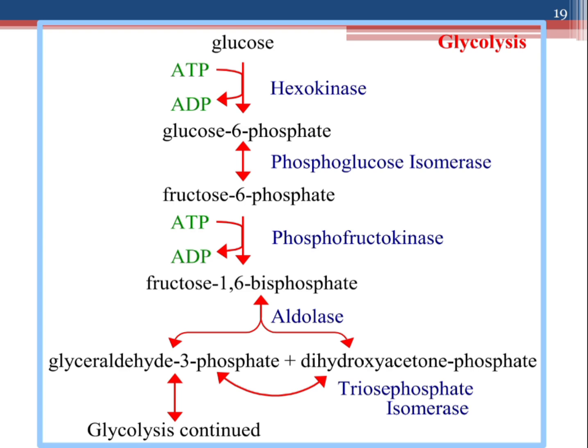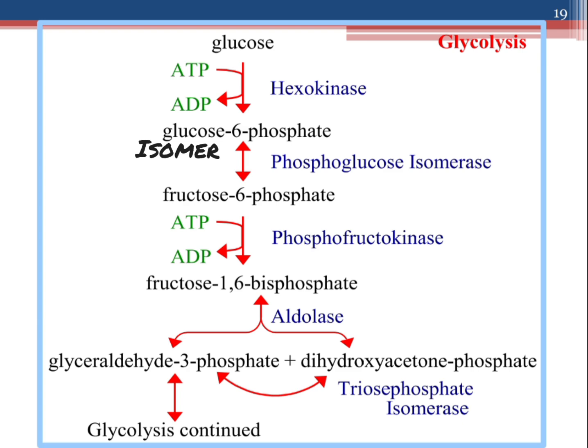The next reaction is known as isomerization. In isomerization, we see a change in the orientation of the carbon atoms in the ring. So we are moving from glucose 6-phosphate to fructose 6-phosphate. Fructose is an isomer of glucose, so it is another way you can represent glucose.